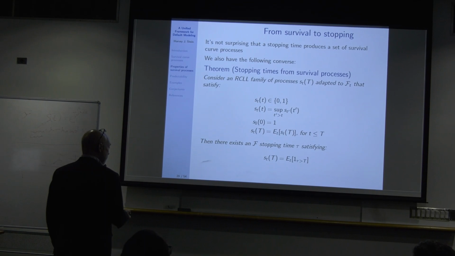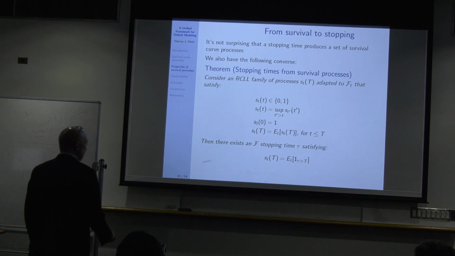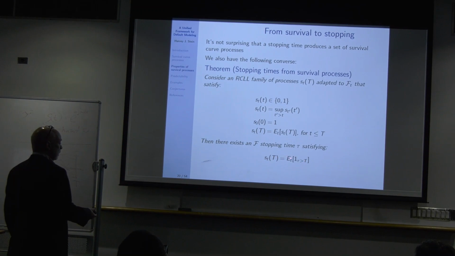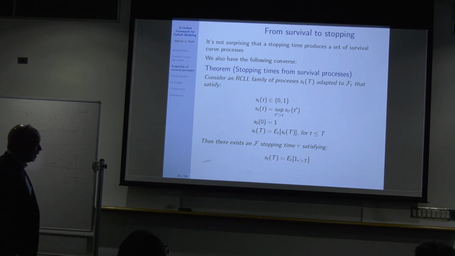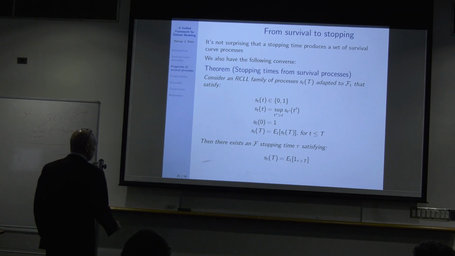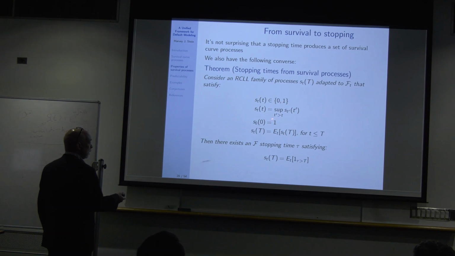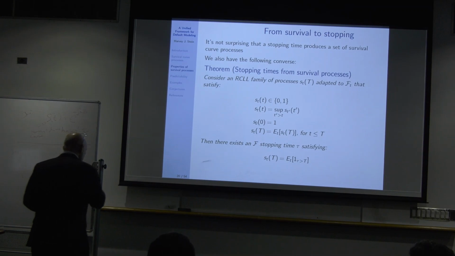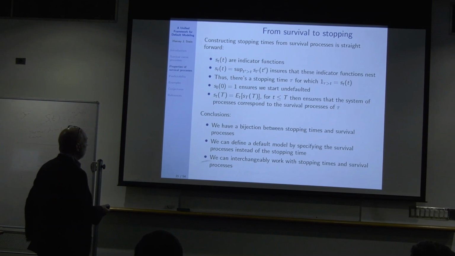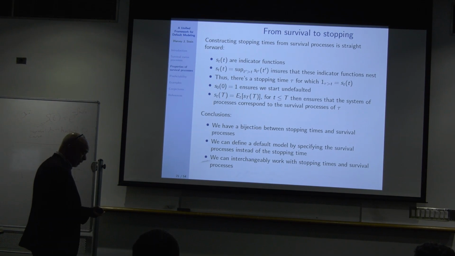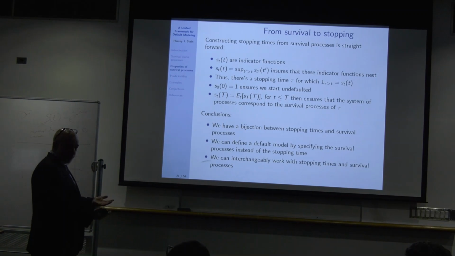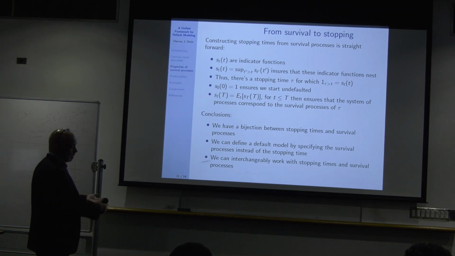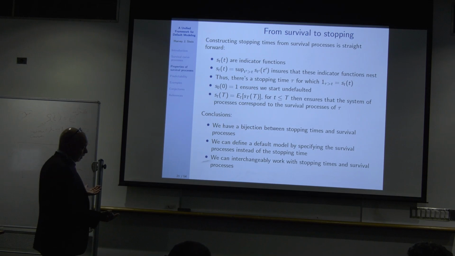So if you have these 4 conditions, there exists a stopping time tau for which these processes are the survival curves. And what's going on here? Really, the critical condition is the second one, because basically, I have the idea over here. If you think about it, you have these sets. The stopping time is essentially equivalent to these sets where tau is less than or equal to t.